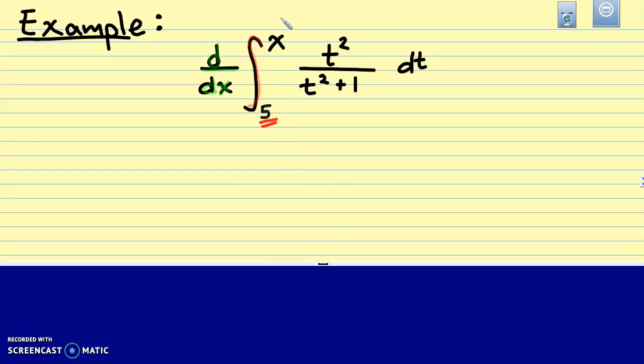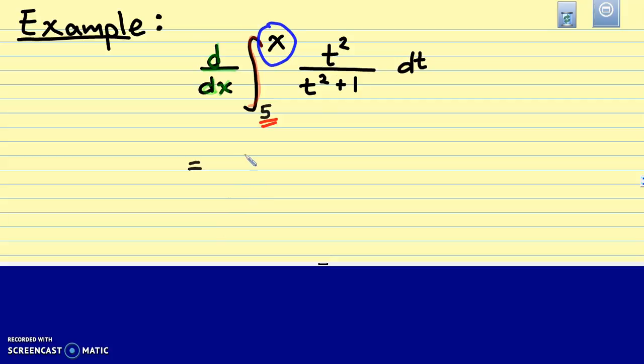So from 5 to x of t squared over t squared plus 1 dt, then applying part 1 of the Fundamental Theorem of Calculus says that all we're going to do is substitute your top limit, x, into every variable in your function.